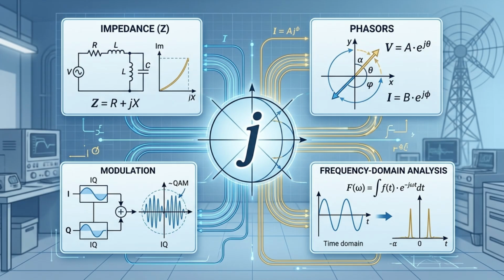In RF engineering, the imaginary unit appears in almost every core concept, including impedance, phasors, modulation, and frequency domain analysis. It enables engineers to represent phase differences naturally and consistently across all parts of a system.